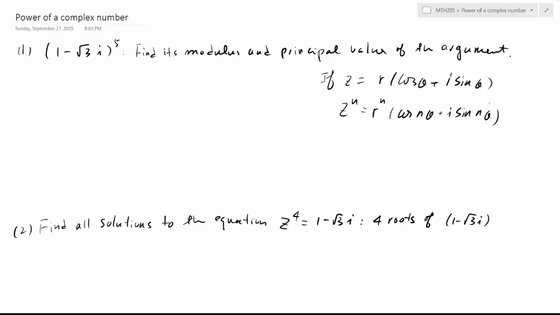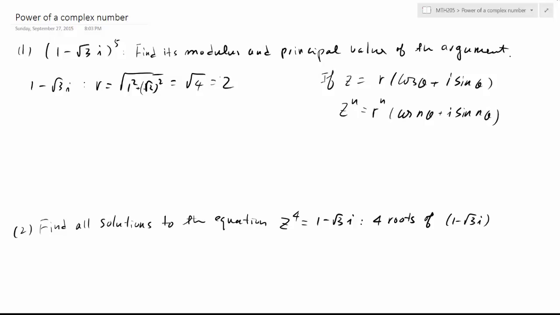So now remember, we have how we found the radius or the modulus of the complex number. So we first start from 1 minus root 3i. And we find the radius again, the modulus is the square root of 1 squared plus negative root 3 squared, but that's the same thing. And then we have root 4, and that's 2.